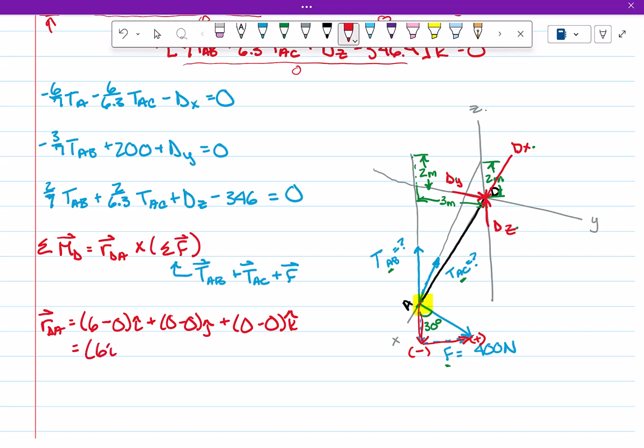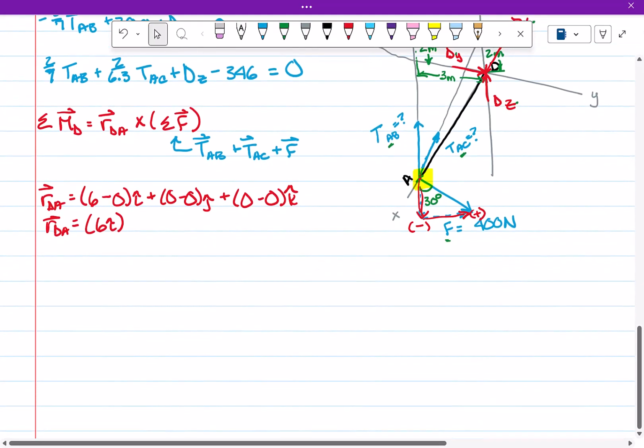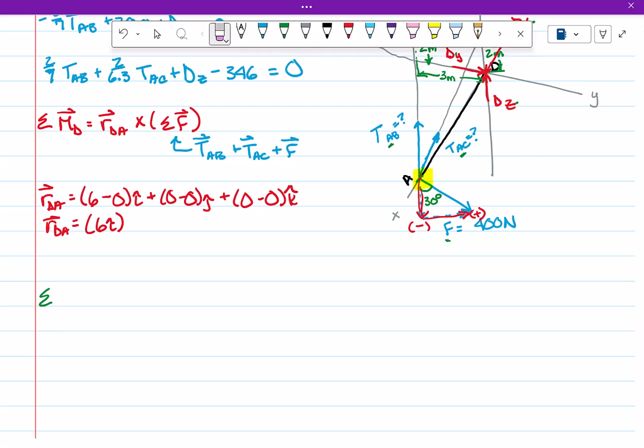So it makes it so much simpler because now, well, let me draw the matrix and then you'll see. So the sum of the moments, once again, the sum of the moments about D is equal to the following matrix. So we have our I component, our J component, and our K component. I'm leaving space because you know that we don't actually have numbers. We still have equations that we're going to plug in here.